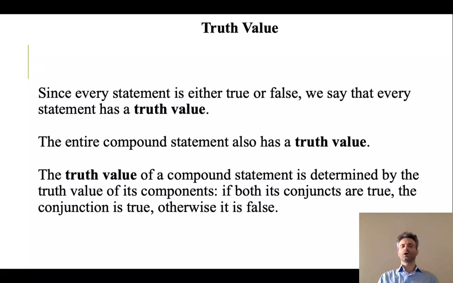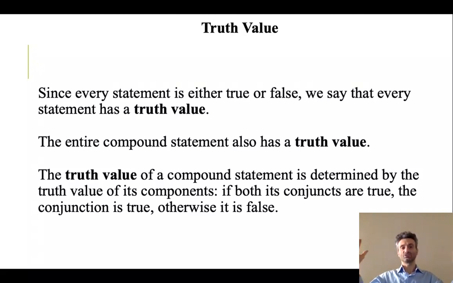Okay? So Charlie is tall can be either true or false. Charlie is intelligent can be either true or false. But also, the entire compound statement has a truth value. In other words, let's put it in quotation marks: "Charlie is tall and Charlie is intelligent."